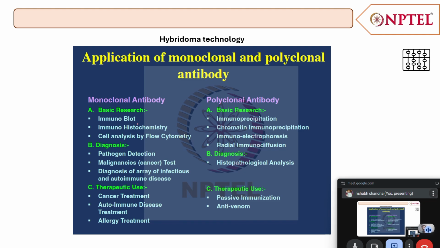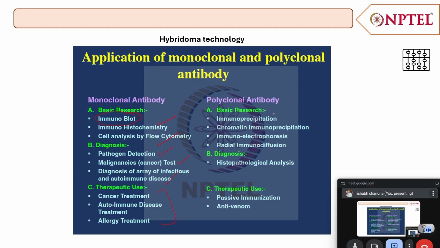Monoclonal antibodies are used in basic research, such as immunoblot, immunohistochemistry, or cell analysis using flow cytometry. Further, in diagnosis, they can be used for pathogen detection, malignancies, and diagnosis of infection and autoimmune diseases. And in therapeutics, they can be used in cancer, autoimmune, and allergy treatment.